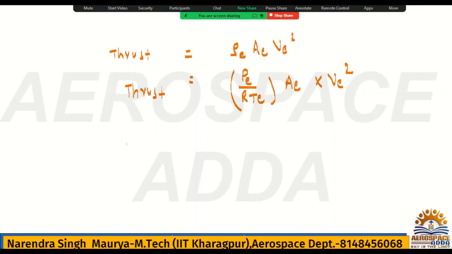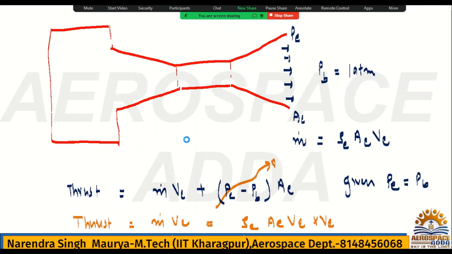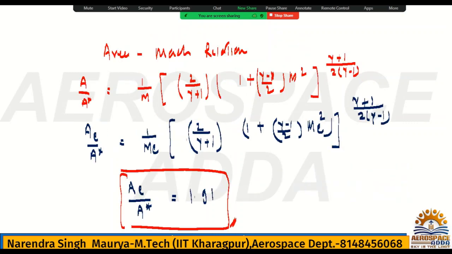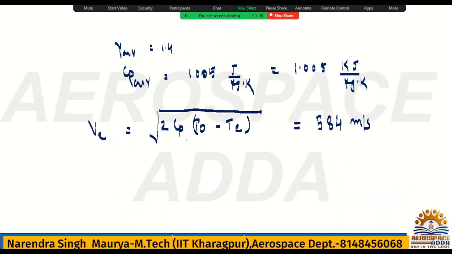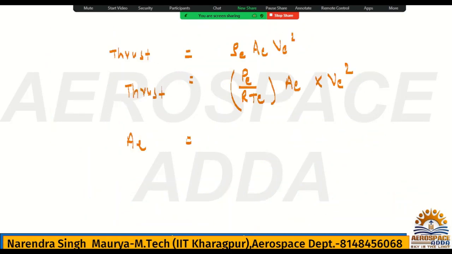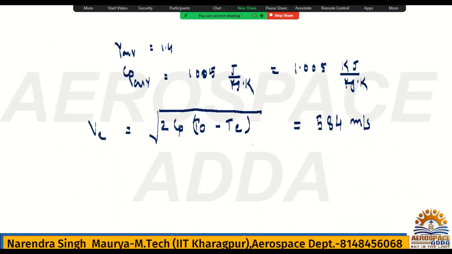What will be the area A exit? Thrust they have given to us, how much? I think 11.12 kilonewton. So 11.12 kilonewton, times 10 power 3, divided by, what is the PE they have given? I mean, you have calculated something, I think.